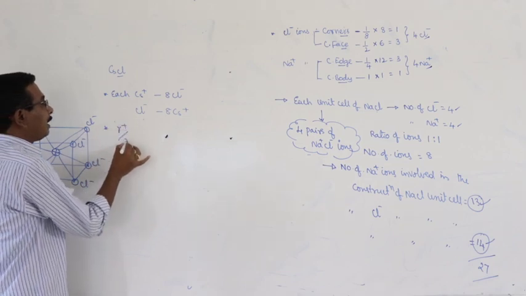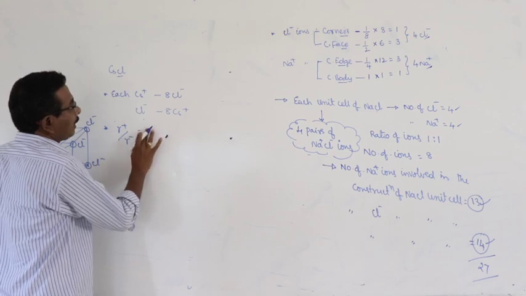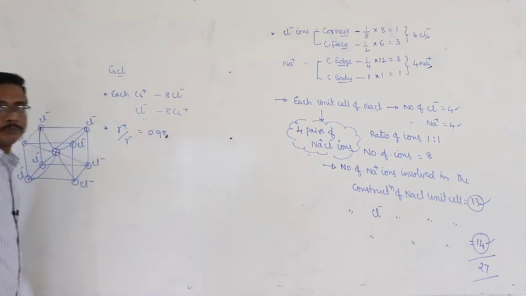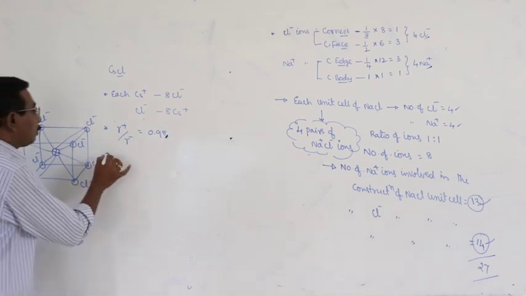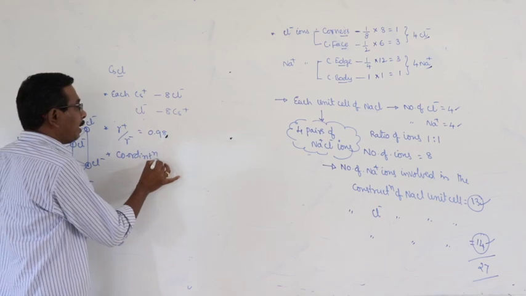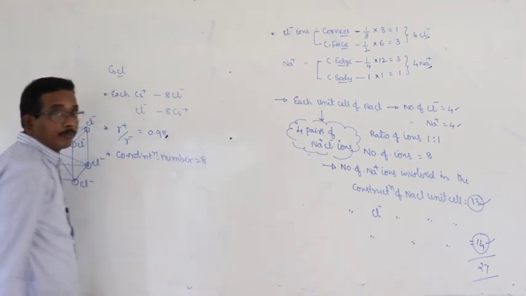Therefore, limiting radius ratio is equal to 0.7321, almost 0.98. And the coordination number is equal to 8.